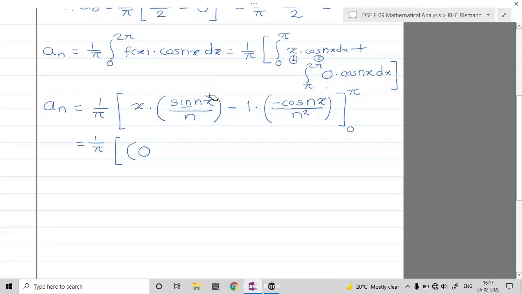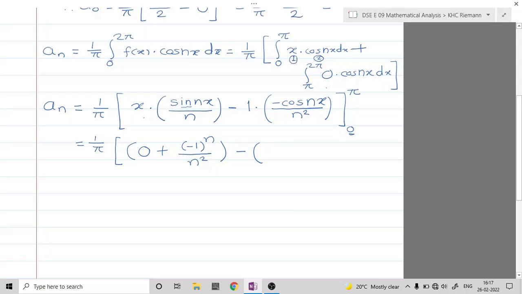Okay, so sin n pi is 0, and whatever x is, pi into 0 is 0. In the second term minus minus plus, and when we put x equal to pi, cos n pi, as I told you earlier, is minus 1 raised to n, denominator n square as it is. This is for the upper limit.